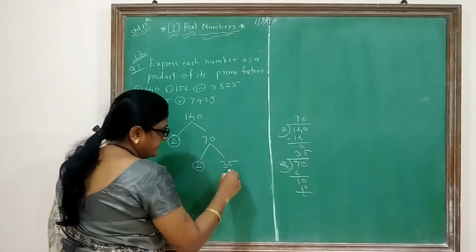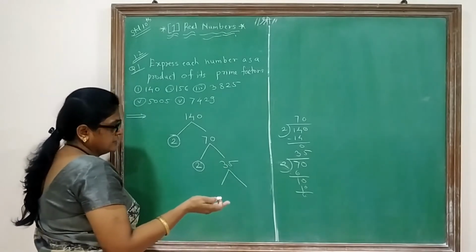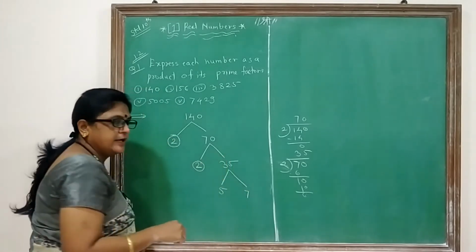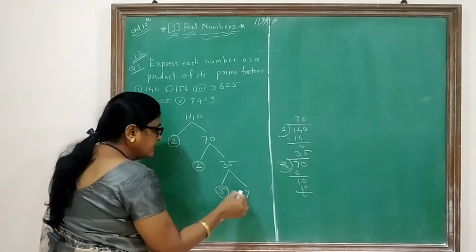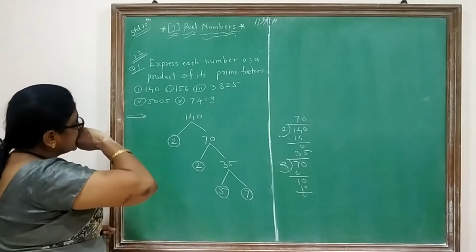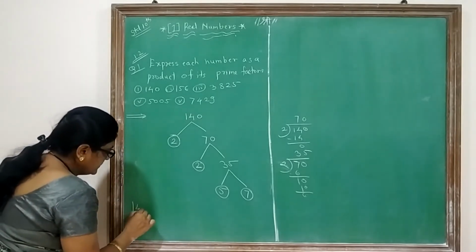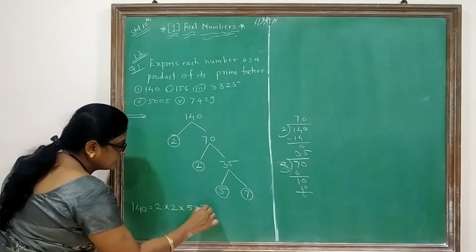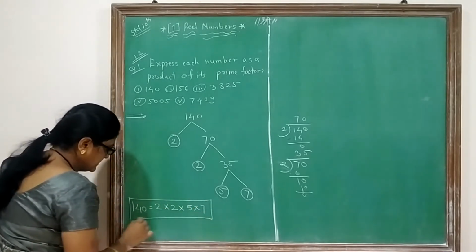Again you will divide: 3 is not correct, 4 is not correct, then 5. 5 7s are 35, and 5 is a prime number, also 7 is a prime number. So the prime factors are complete, and 140 equals 2 into 2 into 5 into 7. This is your answer.